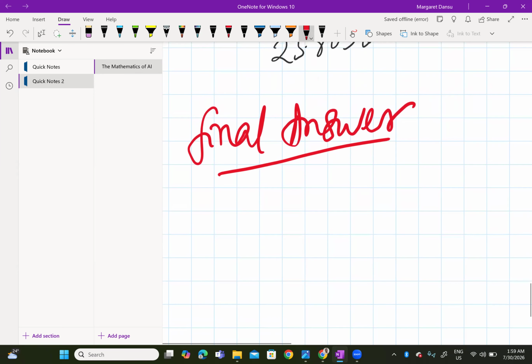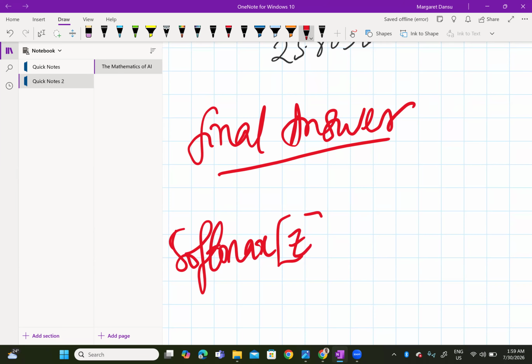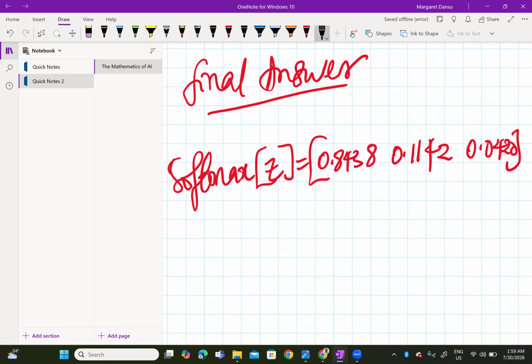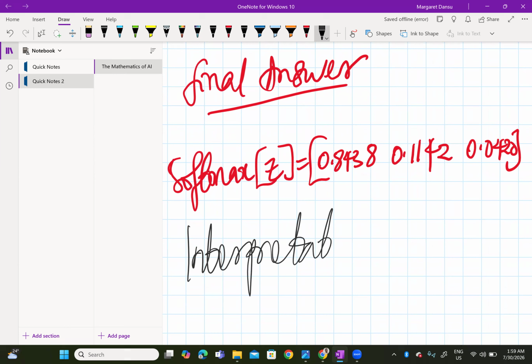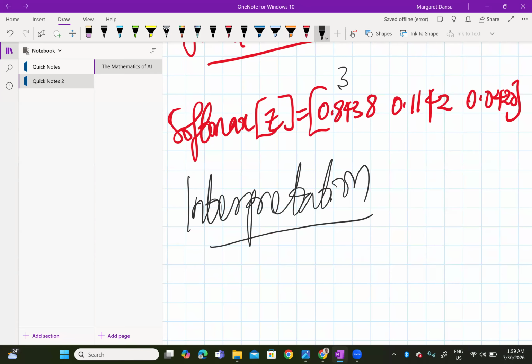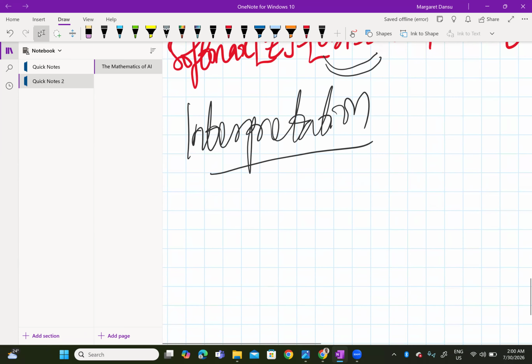So the final answer is that the softmax of Z that we are given is 0.8438, 0.1142, and 0.0420. So the interpretation of all of that is this. You can see this corresponds to 3, this corresponds to 1, this corresponds to 0. That means that 3 gets the highest prediction probability, so it's most likely going to be picked.